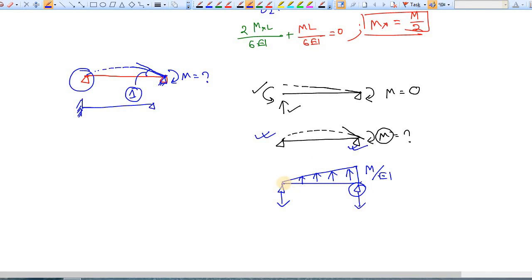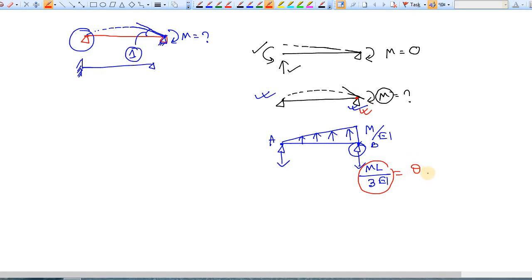Okay, so again if you take moment about point A, you will get the reaction at B, and the reaction is coming as ML by 3EI. Okay, so the rotation here is ML by 3EI. This is the rotation at this support or at this point.